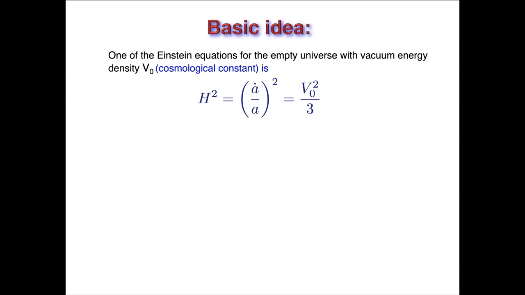Basic idea again: you write down Einstein equations, and one of them in slightly simplified form, when you ignore all matter except for this vacuum, and you ignore whether it's closed or open, I just assume that it's a flat universe, looks like this. The scale factor of the universe, a dot, the speed of expansion, divided by the scale factor, squared, is, there is a typo, proportional to the energy density of the universe.